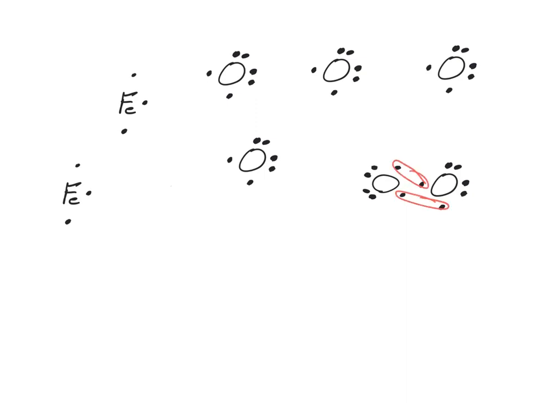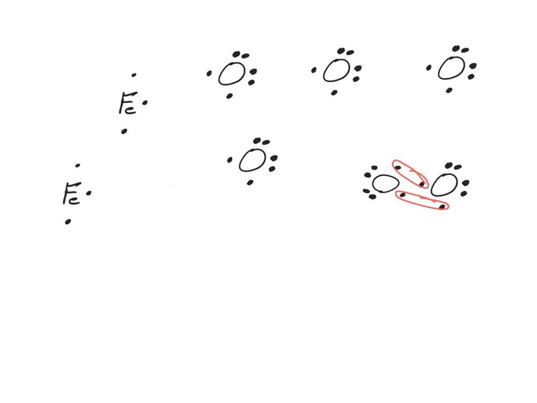And if you think about sharing, that means that both of them get the electrons, right? Because that's what sharing means. You both get some. So here's 1, 2, 3, 4, 5, 6, 7, 8 electrons around this oxygen. Here's 1, 2, 3, 4, 5, 6, 7, 8 around this oxygen. So that satisfies their need to have 8 electrons in the outer shell.